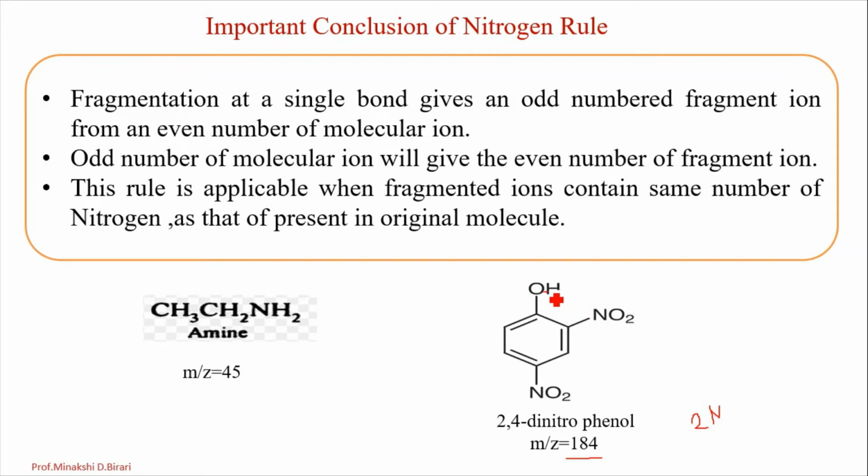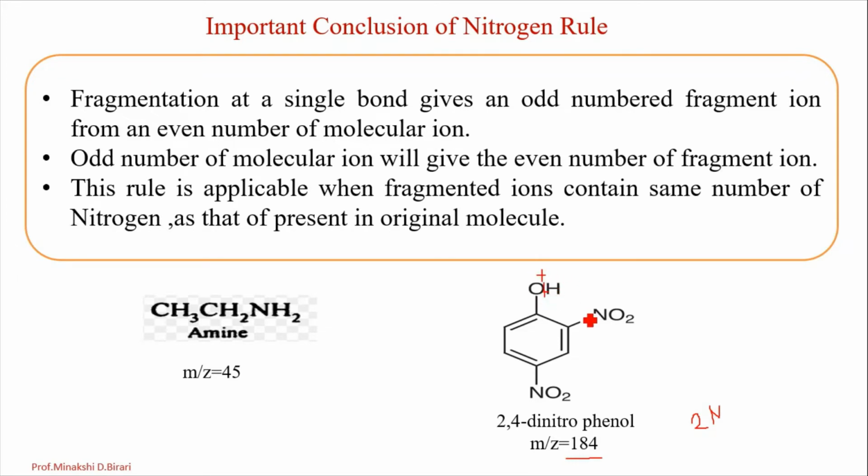OH will be cleaved from this, and there is a formation of a molecular ion peak, which is observed at m/z 184. Further, the molecular ion is fragmented, H plus is removed, and there is a formation of a cation.